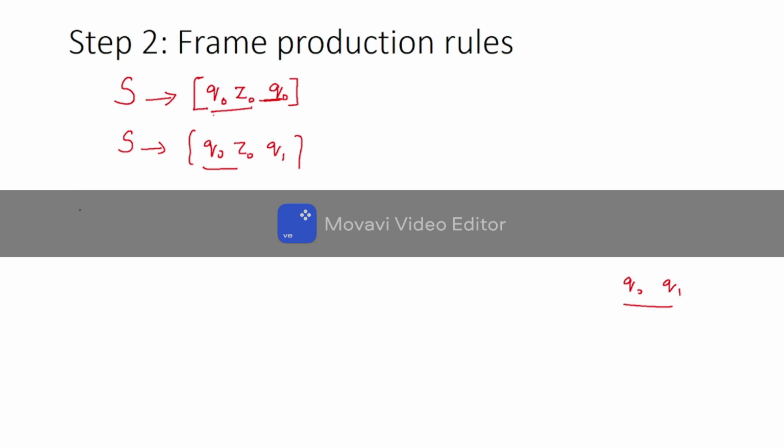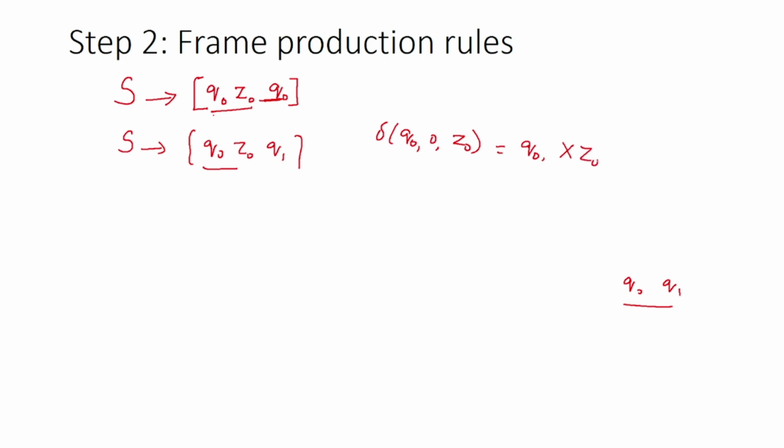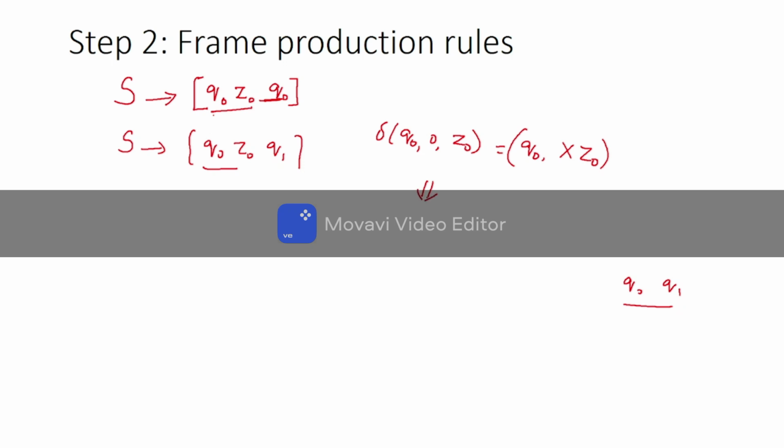So, the transition is delta of q naught comma 0 comma z naught is equal to q naught comma X z naught. So, when the automata accepts 0 as the input in the state q naught, X is pushed onto the stack. This is the transition. So, for this transition we are going to write the production rule.